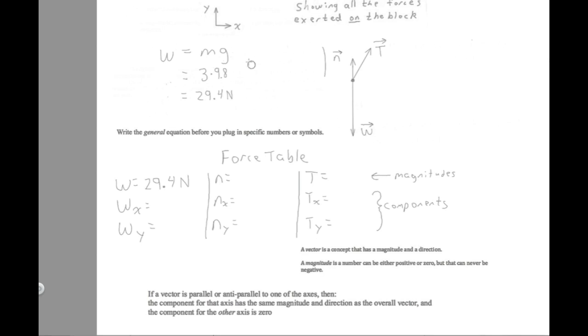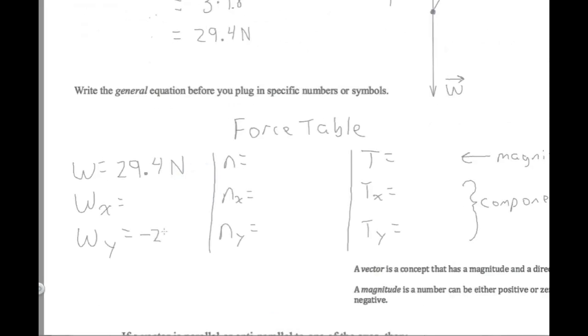Since the weight is anti-parallel to the y-axis, that means that the y component has the same magnitude and direction as the overall vector. Well, our overall vector points down, so the y component points down, which is our negative y direction. And the y component has the same magnitude as the overall vector. The overall vector has a magnitude of 29.4 newtons, so the y component has a magnitude of 29.4 newtons. And then the component for the other axis, the x-axis, is 0.